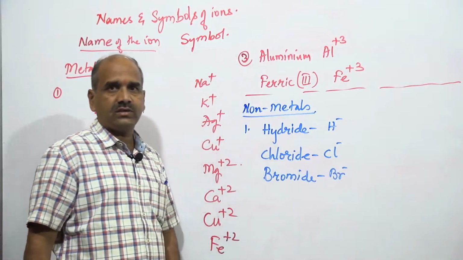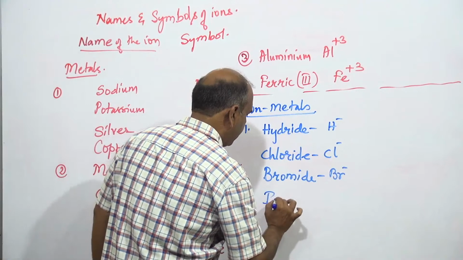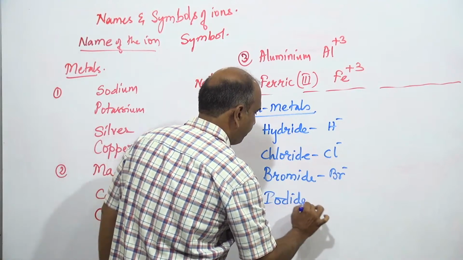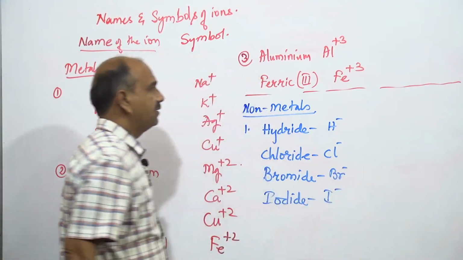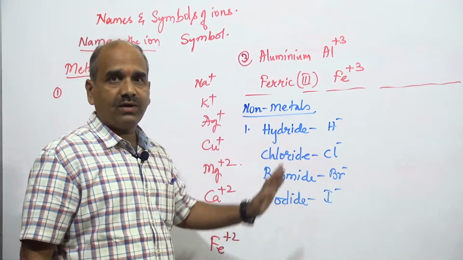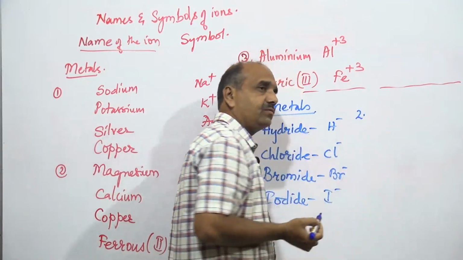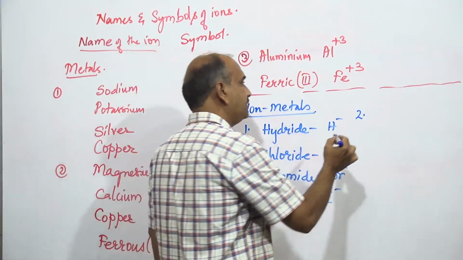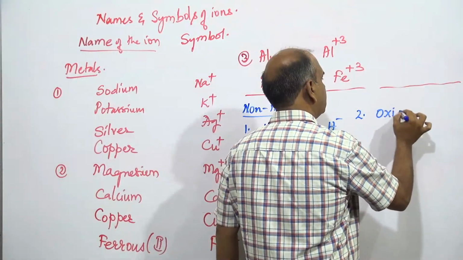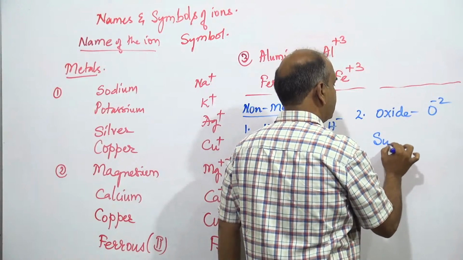All the halogens usually, okay, bromide. Then iodide you take, iodide I-. So these are the non-metallic ions which have -1 as the charge. Then second set, where there is -2 as the charge. So one is oxide. Oxide shall be O-2. Then sulfide is there.